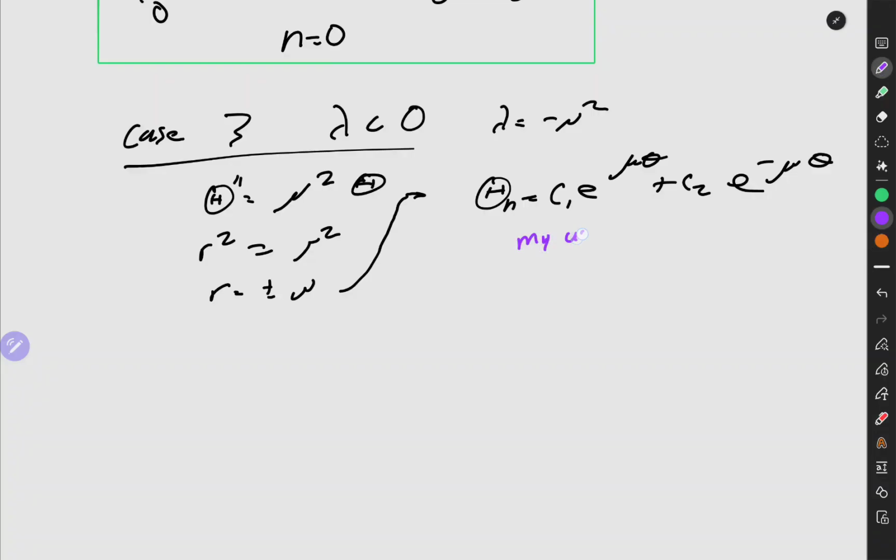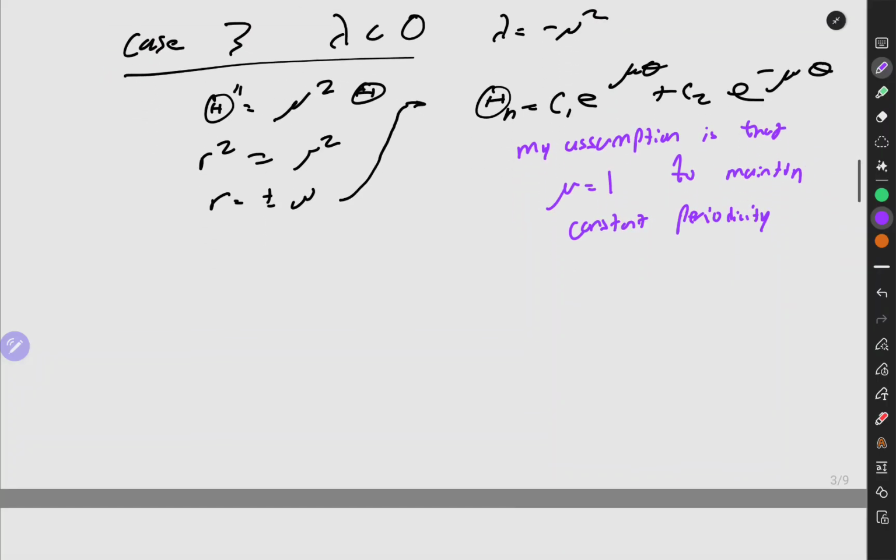So my assumption is that mu equals 1 to maintain constant periodicity. So then theta n is going to be equal to C1.